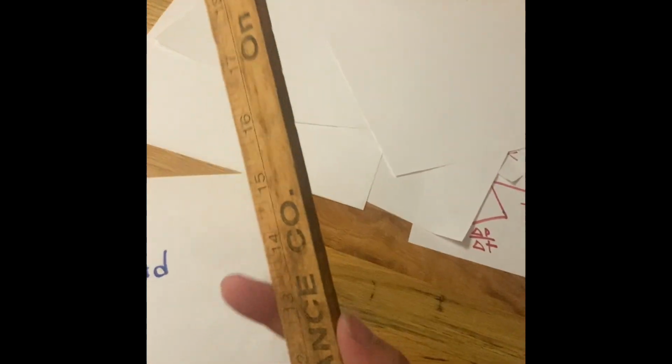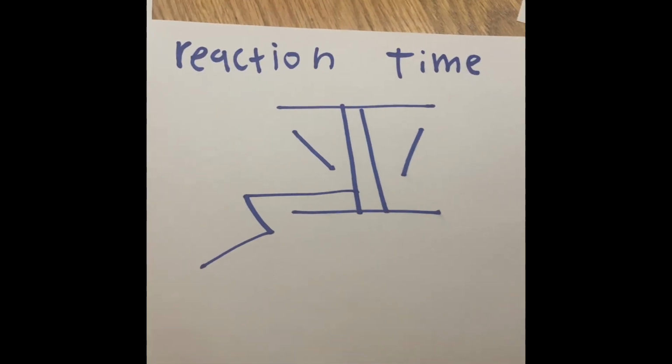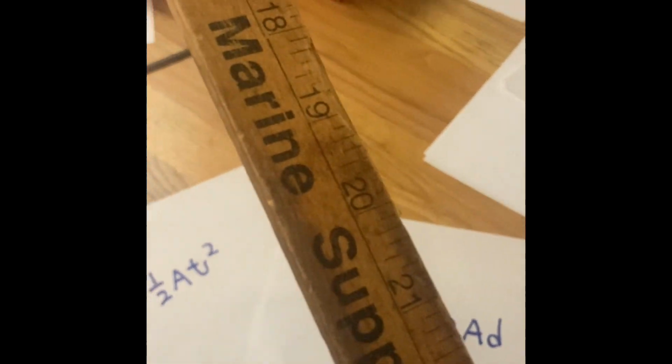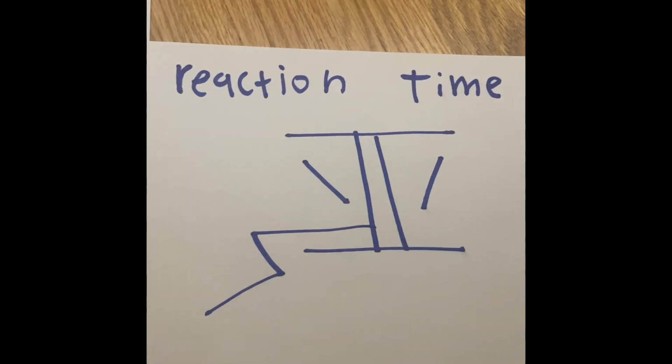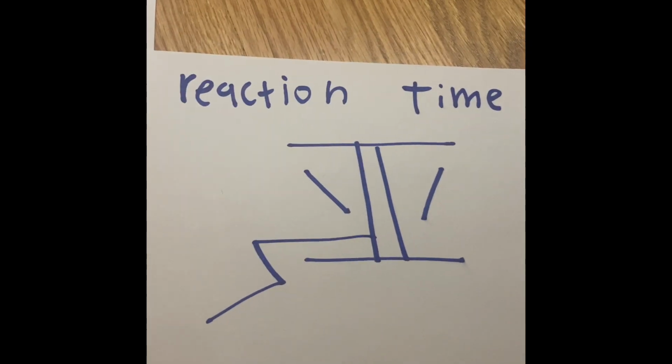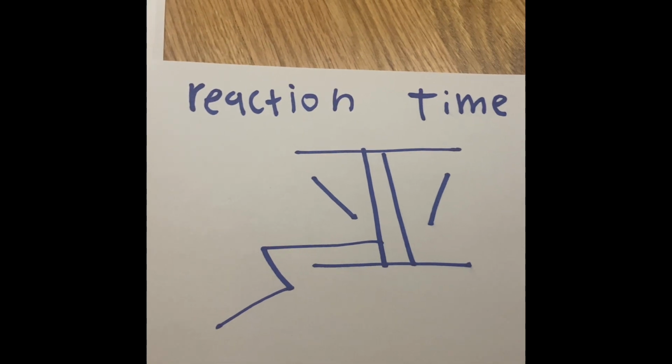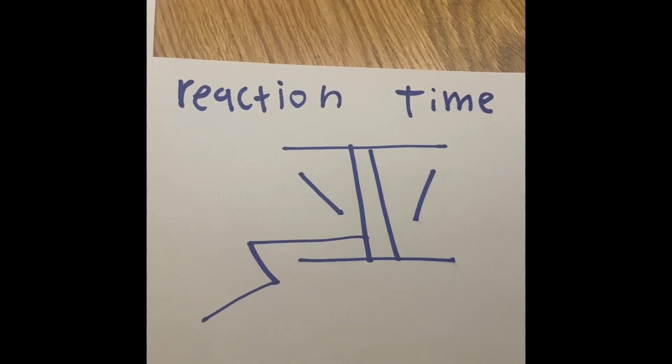Imagine you and your friend were doing this physics lab on the meter stick, and someone has put their finger on 10 centimeters. This meter stick doesn't have centimeters, so we're just going to see what happens. So what we're going to do is find out what the time is, how many seconds the reaction of your friend was.